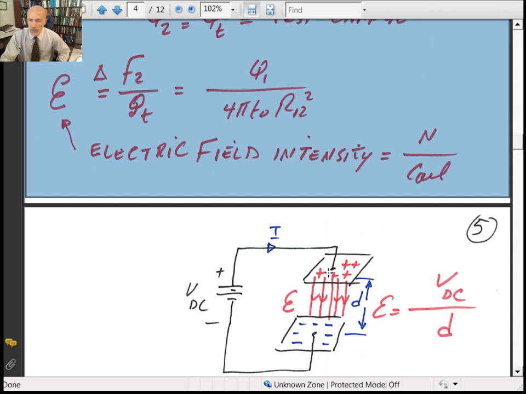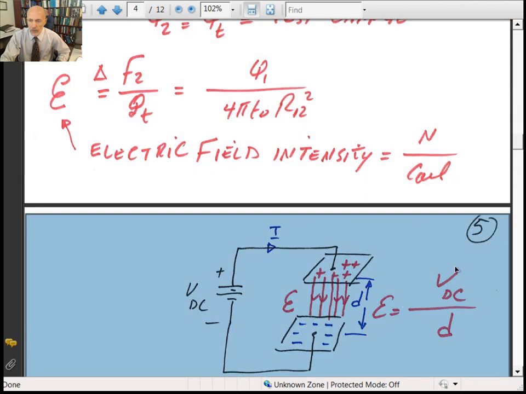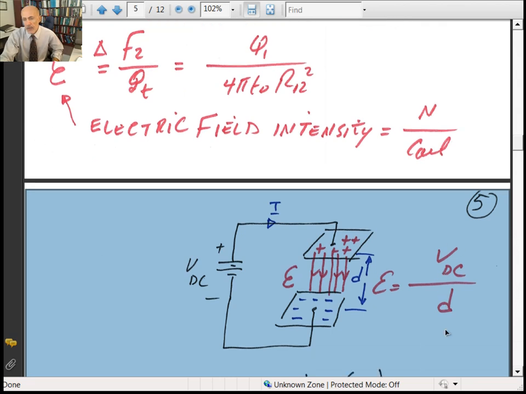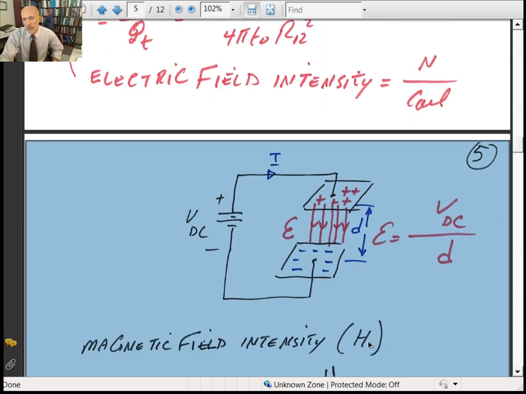In this case, with a little bit of manipulation, electric field comes out to be equal to the applied voltage divided by the separation distance d. We're going to get into this later, I believe in chapter 12 or 13, when we talk about electric field and capacitance and inductance. I think we did talk about this briefly.